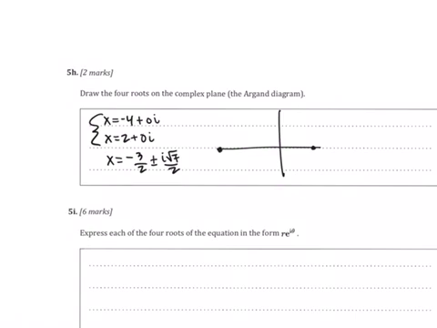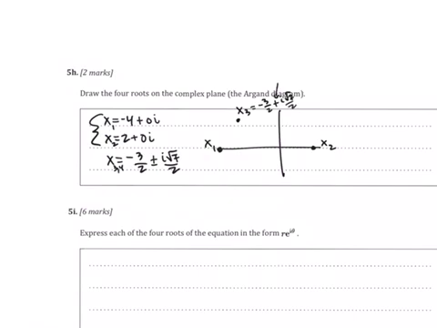Okay, so let's call this x sub 1, x sub 2, and then x sub 3 and 4. So this would be x sub 2, this would be x sub 1, and then somewhere over here I would have x sub 3, which would equal negative 3 over 2 plus i root 7 over 2.